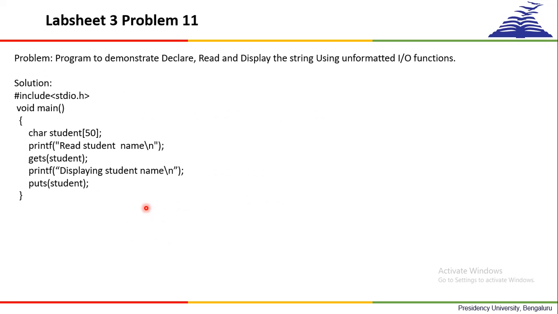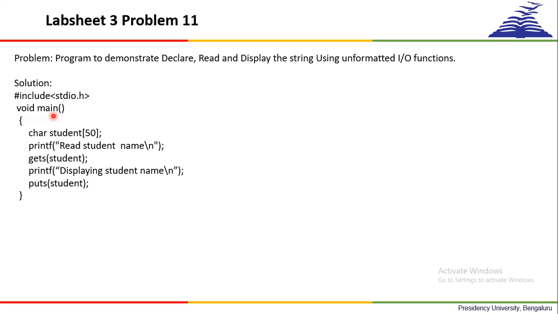Now there is problem number 11 in Lab Sheet 3: a program to demonstrate how to declare, read and display a string using unformatted input output functions. The solution to this is, as usual, you need to write the header file. For gets and puts also we are going to use the header file stdio.h, the same way we use it for printf and scanf.